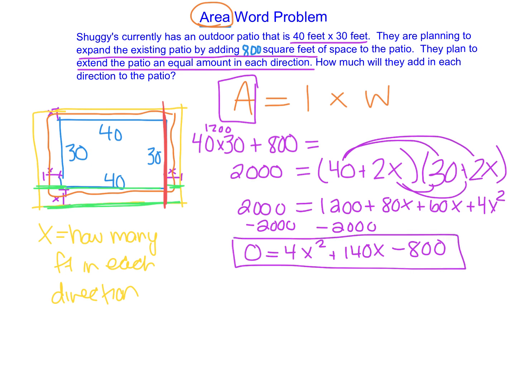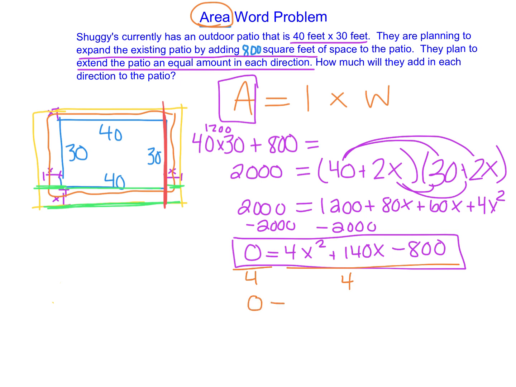Now, if I'm going to use one of my factoring strategies on this, what I'm noticing is that that equation has some pretty large numbers in it. But what I'm also noticing is that all of these numbers are divisible by 4. So we can divide every single value in here by 4 to make this equation a little bit easier to work with.